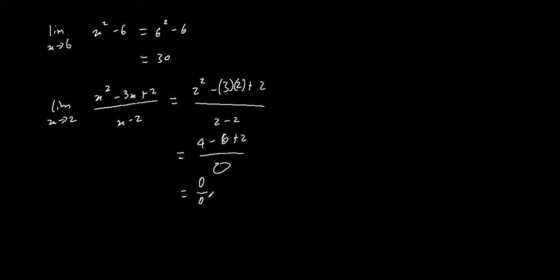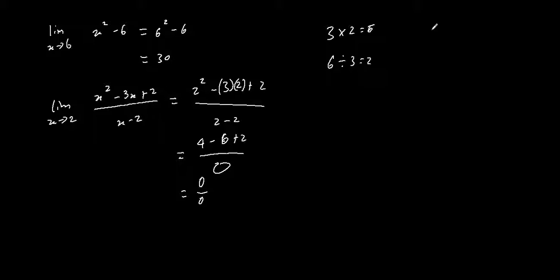Now, first off, we cannot divide by 0. Let's just call it a mathematical law. The simple reason is, if I have 3 times 2 equals 6, then I can also rewrite this as 6 divided by 3 equals 2.